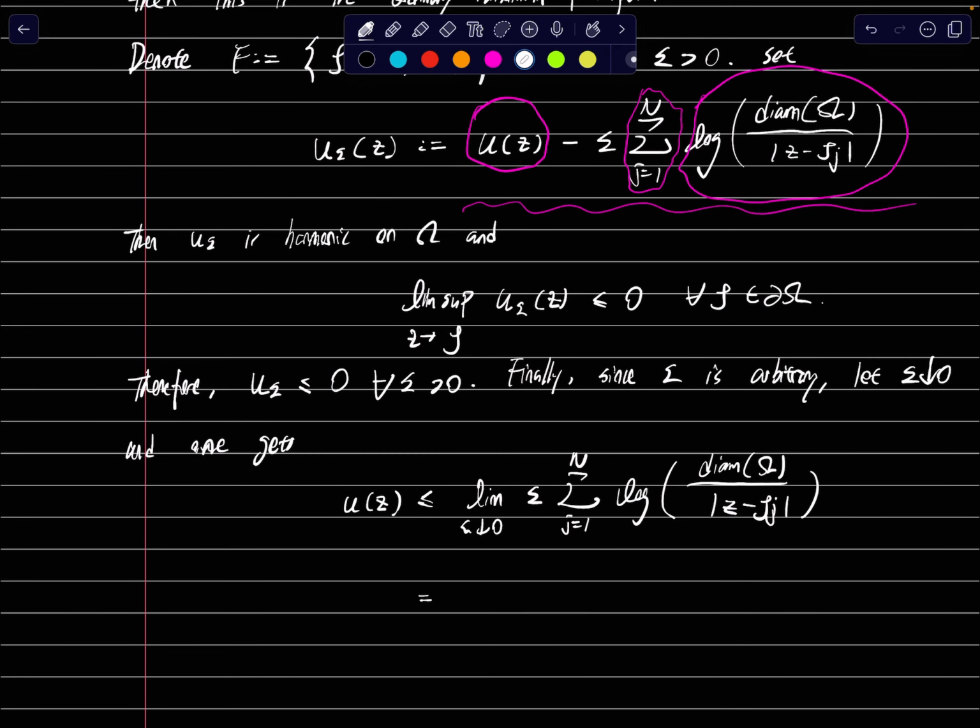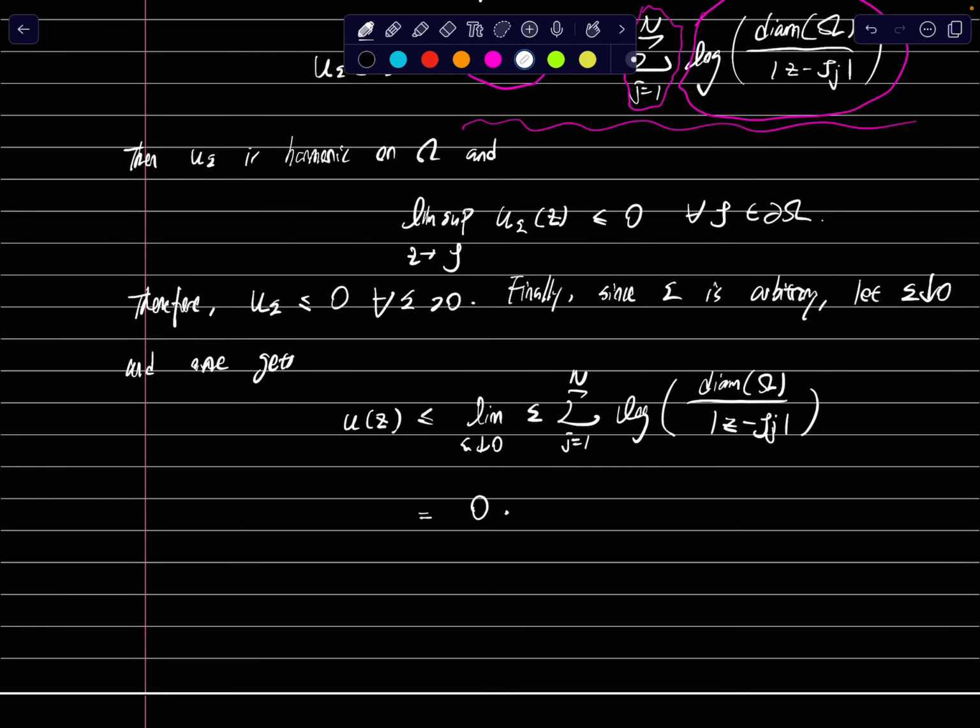And since epsilon is going down to 0, this is 0. So we have established the inequality u of z is smaller or equal to 0.